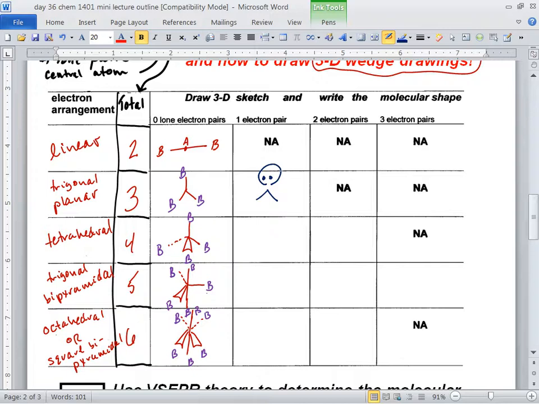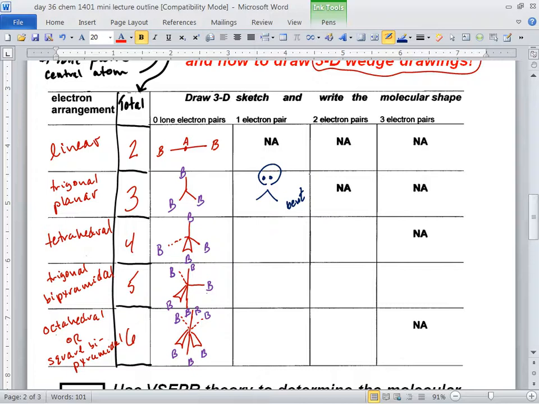Trigonal planar. Now it starts to be bent. Now it's bent. So you call that bent. I do, because it helps me visualize to push everything else down, right? You don't have to circle a lone pair, but I think it looks better if you do, because that's the idea. It pushes everything out of the way.